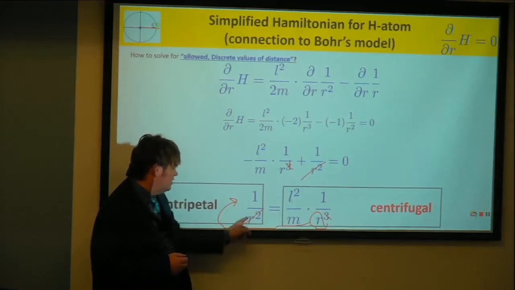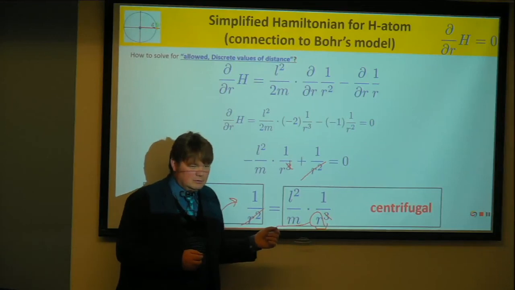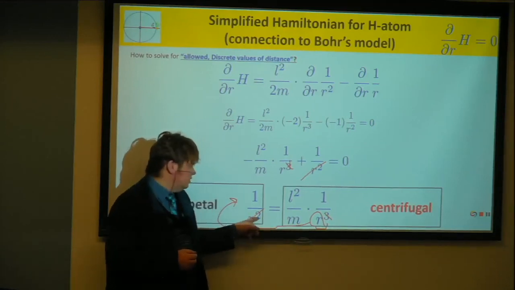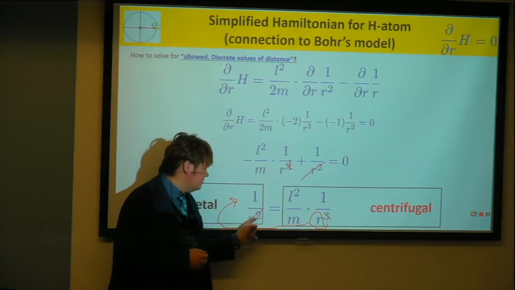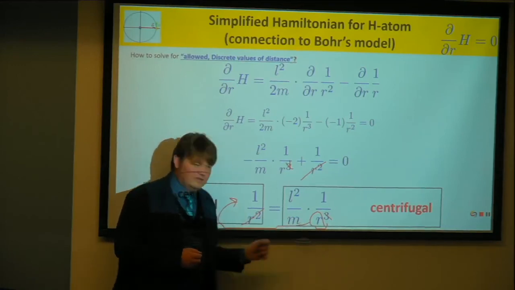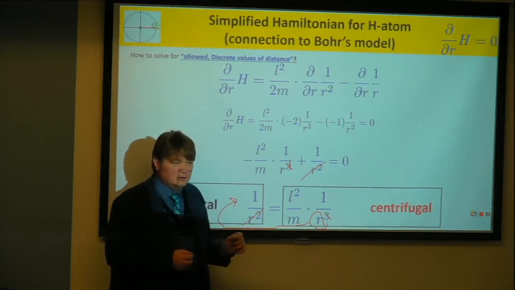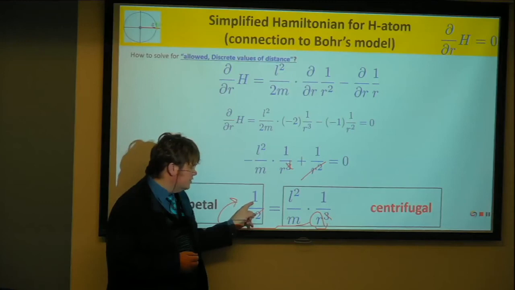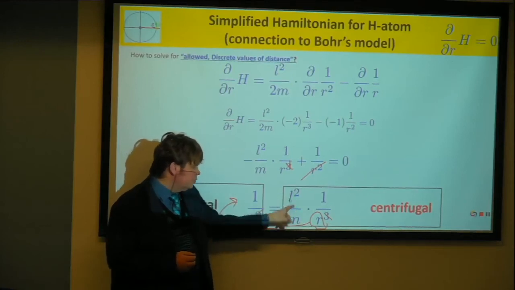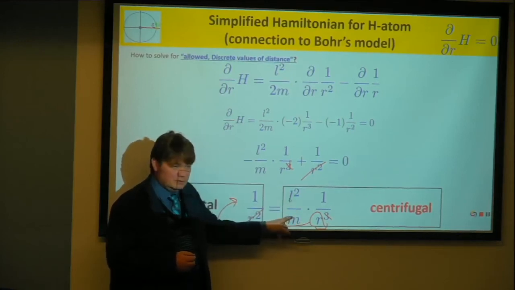Can we simplify this expression? One can cancel 1 over r squared here and there. What are we going to get after canceling r squared here and there? Can we solve it for r? So we put r here, and the distance will be equal to angular momentum squared over mass, right? You are making a discovery.